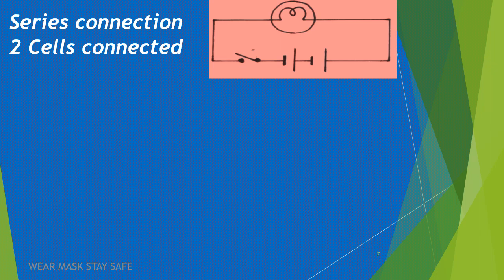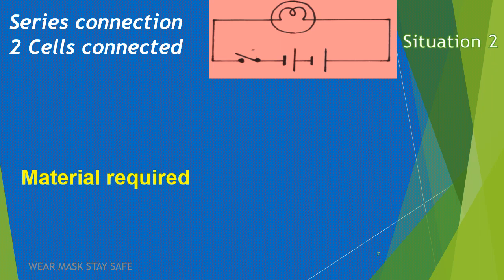The positive terminal is connected to the negative terminal of the other cell, and the negative terminal of one cell and the positive terminal of the other cell are connected to each other. The longer line indicates the positive terminal, and the shorter line indicates the negative terminal. So like that the cells are connected.